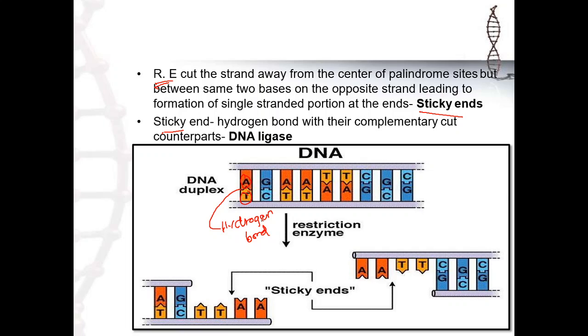We can modify the DNA easily because it could easily be broken down, ang bond nila, and easily replicated. Okay. So now, the sticky ends hydrogen bond with their complementary cut counterparts. This is the DNA ligase. Now, sticky end.